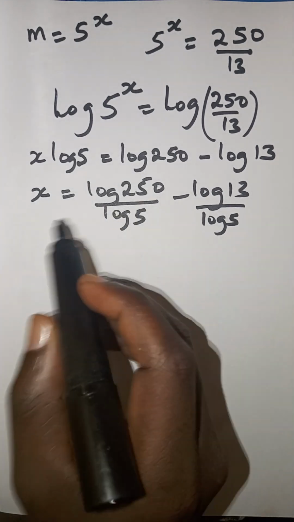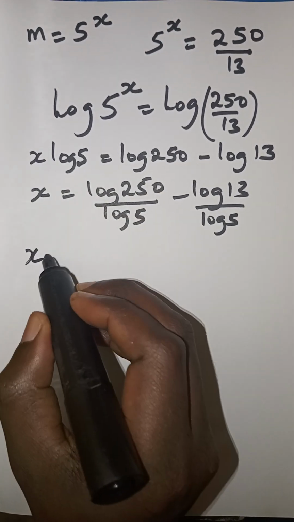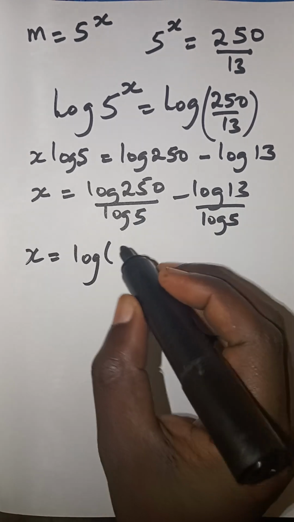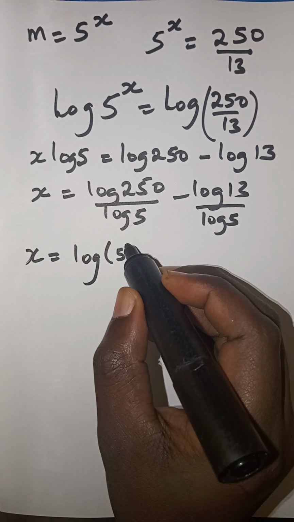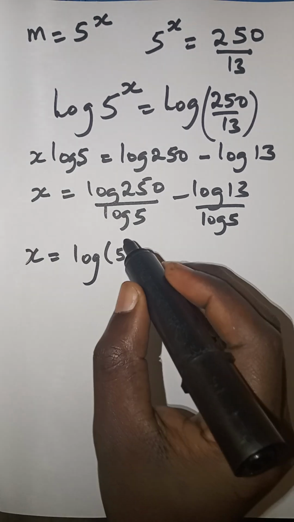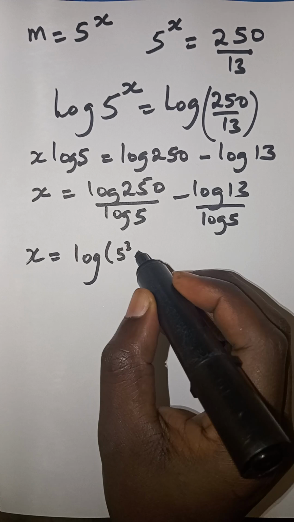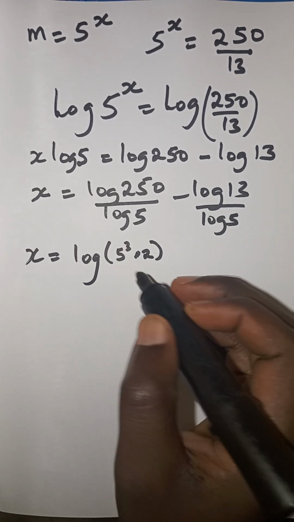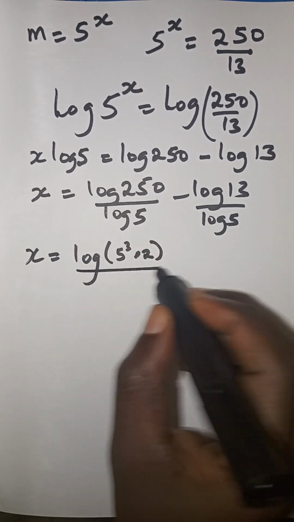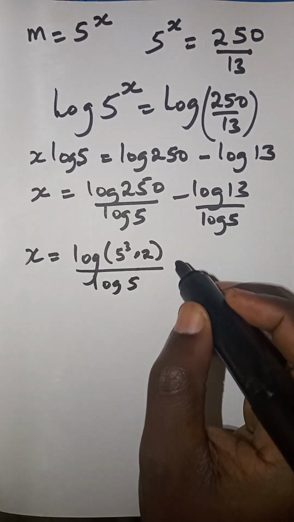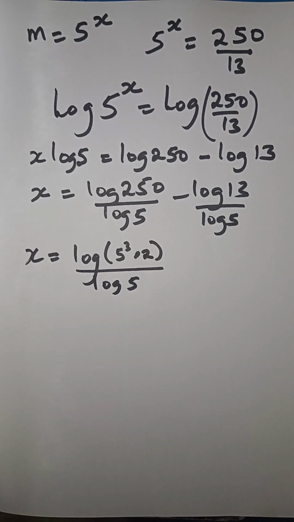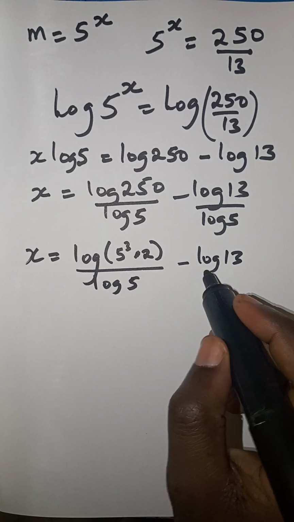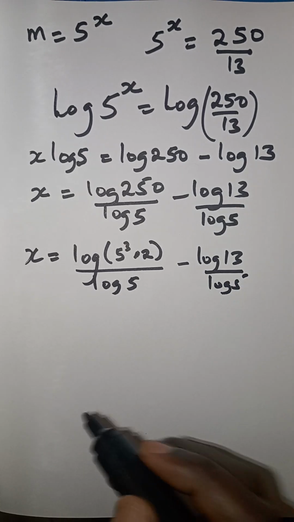So I'm going to separate 250 in terms of its factors as the log of 5 to the power 3 multiplied by 2. Of course, 5 to the power 3 is 125 times 2 is 250 divided by log 5 minus the log of 13 divided by the log of 5.